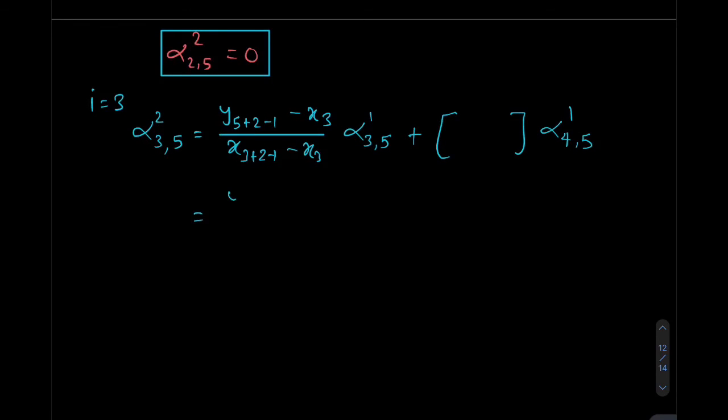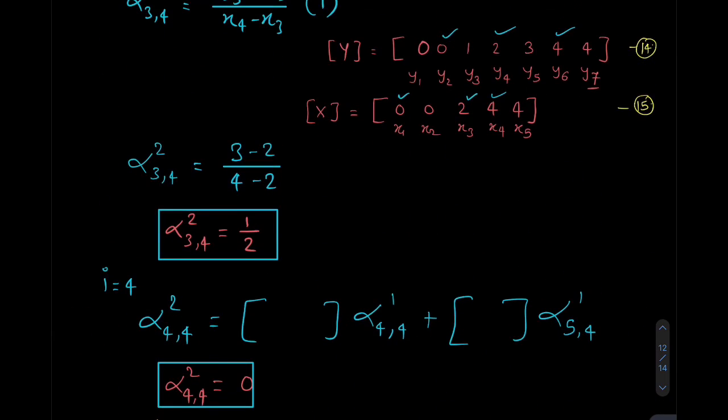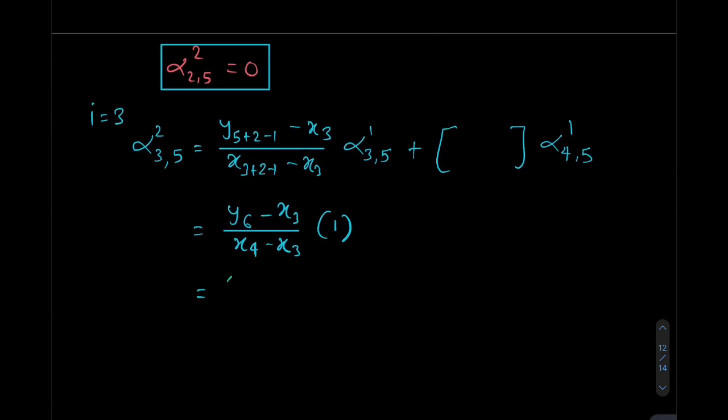Okay, so this is y6 minus x3 divided by x4 minus x3 into unit value. So y6 is 4 and all other values are x3 is 2, x4 is 4 again, so 4 minus 2 divided by 4 minus 2, so that is unit value. So alpha 3 comma 5 is unit value.